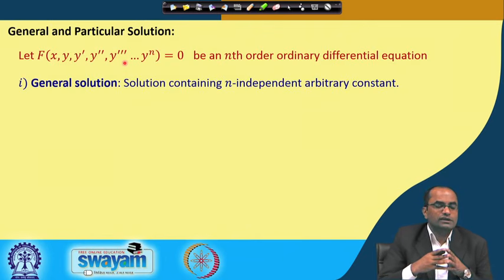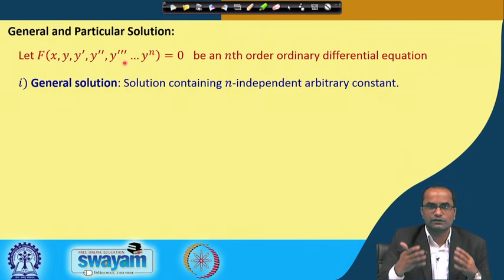Another one we are talking about is the particular solution. By giving some values to these coefficients, which may depend on some supplementary conditions given along with the differential equation, we can evaluate these coefficients based on the other information.